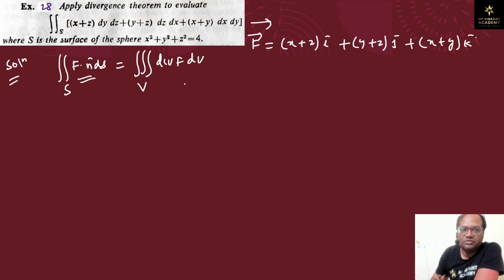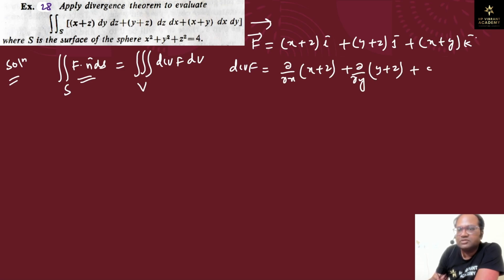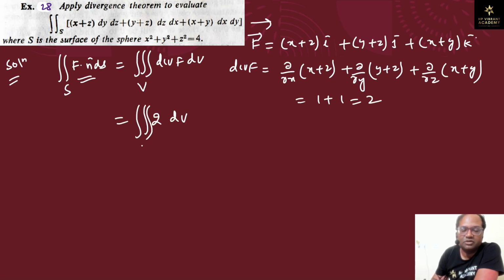From here, the divergence of f is equal to del upon del x of x plus z, plus del upon del y of y plus z, plus del upon del z of x plus y. So this is equal to 1 plus 1, that is 2. This is equal to 2 times the volume integral dv, so this is equal to 2v.